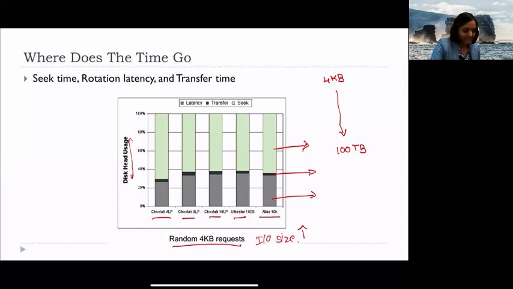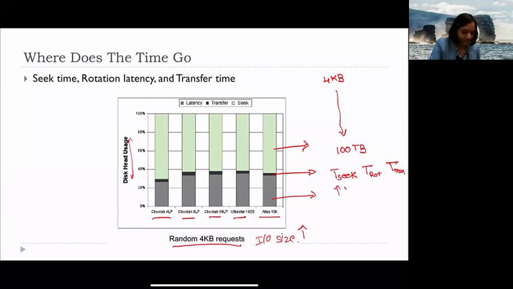Let's say we increase this IO size. How would the trajectory or the trend in the relation between seek time, rotation time, and transfer time vary?